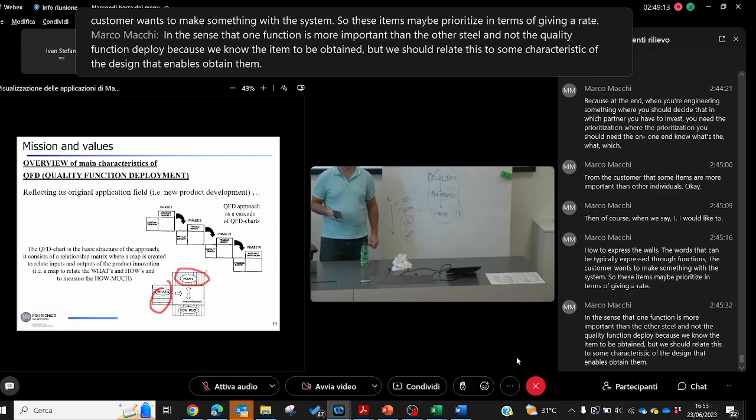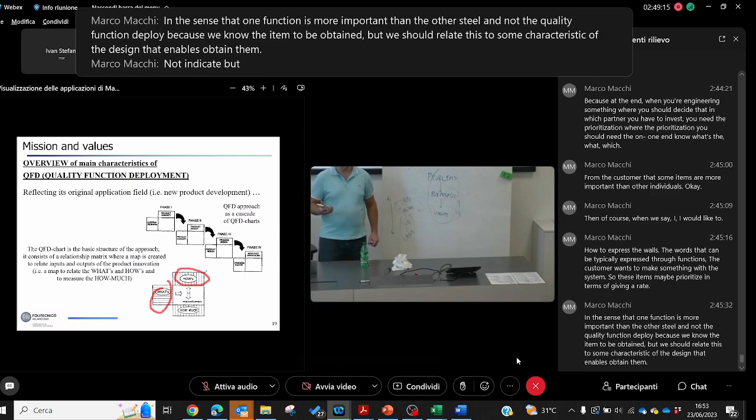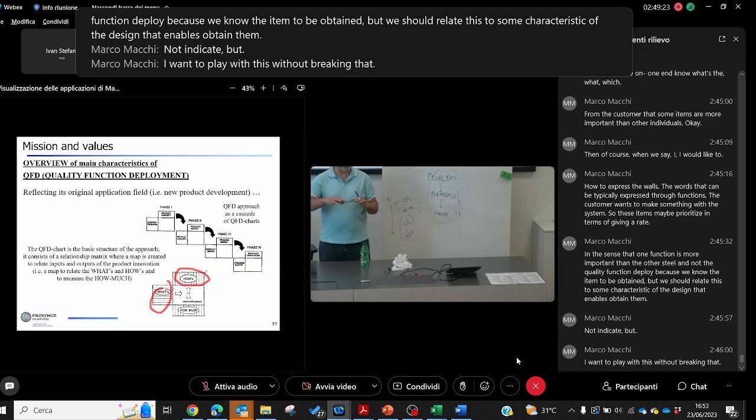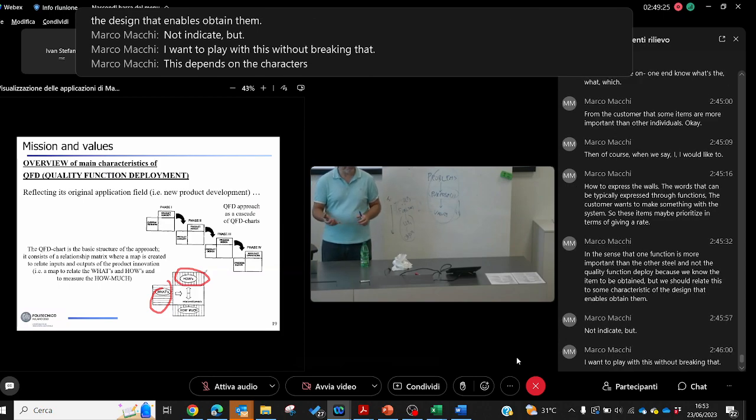Not in detail, but, for example, this depends on the characteristics of the cell phone. It's a silly case, but just to say, the size is not a what.